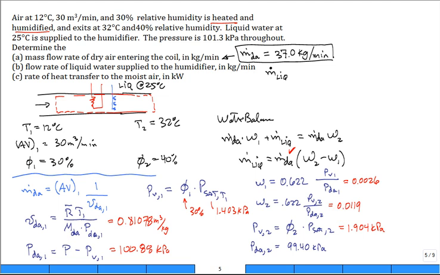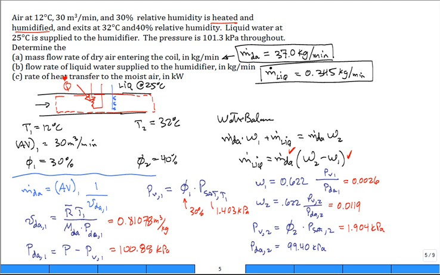Now we can return to the mass flow rate of the liquid equation, and we calculate the mass flow rate of the liquid to be 0.345 kilograms per minute. Now, the rate of heat transfer to the moist air. So now we're looking for Q dot that's really coming from that hot water in our heating coil.